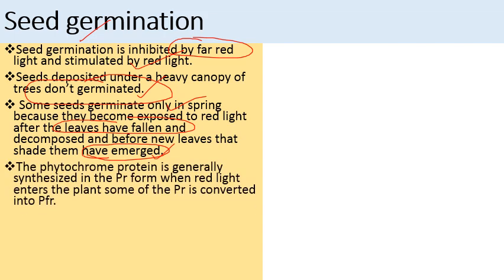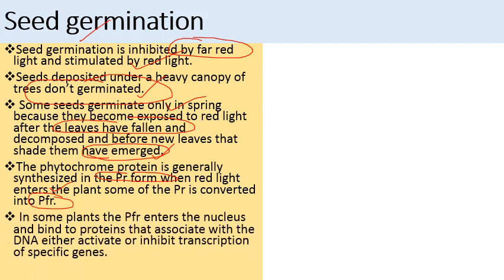The phytochrome protein is generally synthesized in the Pr form when red light enters the plant, and some Pr form is converted to Pfr form. In some plants, Pfr form enters the nucleus and binds to the proteins that are associated with the DNA either to activate or inhibit the transcription of specific genes. So it acts as a switch.